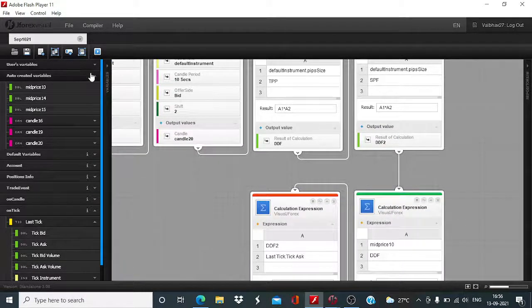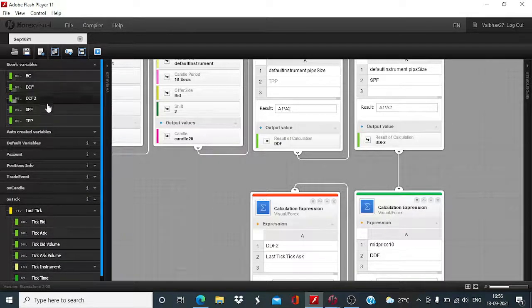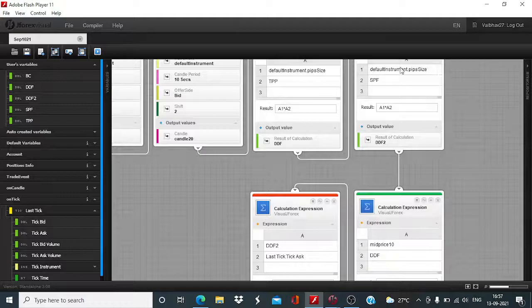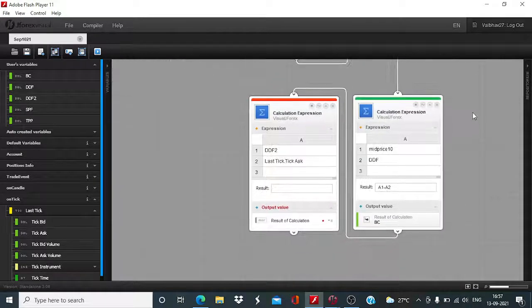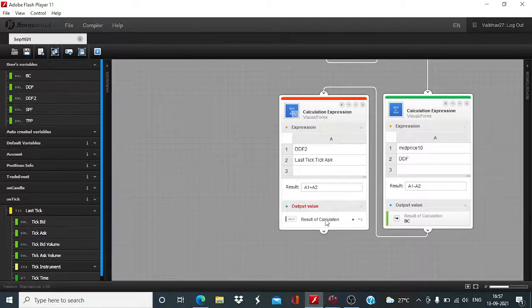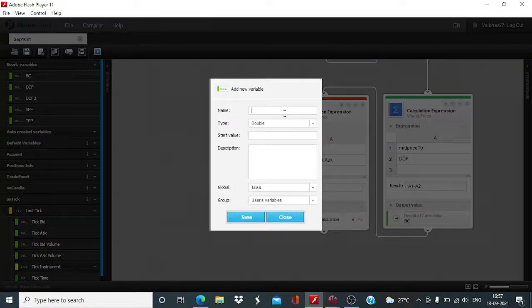This SPF carries the value of 5 and it has been multiplied by default instrument pip size. So we have 5 pips there, and this is going to be A1 plus A2, and this is going to be the buy execution price.